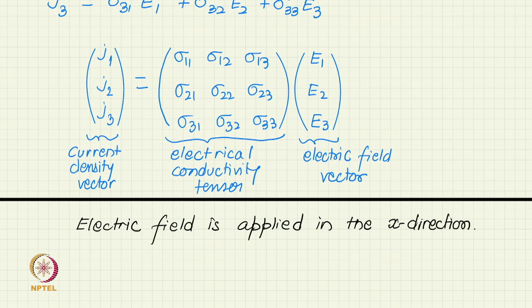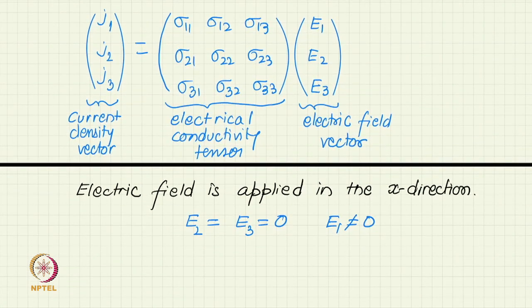That means its components E2 and E3 will be 0, and E1 will have a non-zero value. In this case, we can see from the matrix equation which we have.